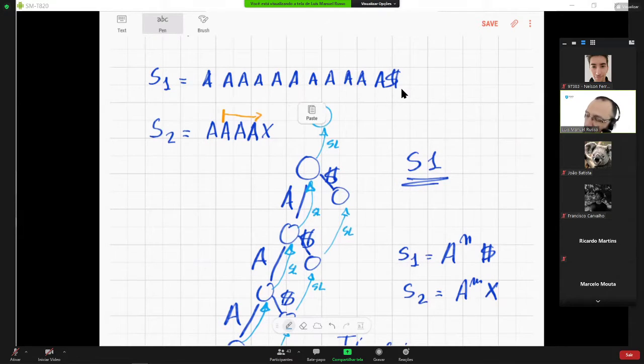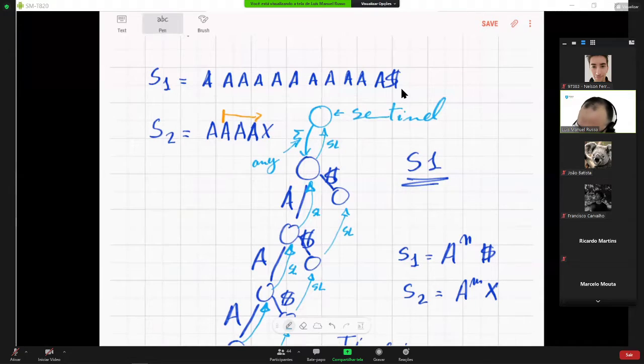You can go from that node back to the root with any letter. So this is the sentinel, and any letter will take you from the sentinel back to the root. This stops being a tree, but it's actually pretty good for our code.